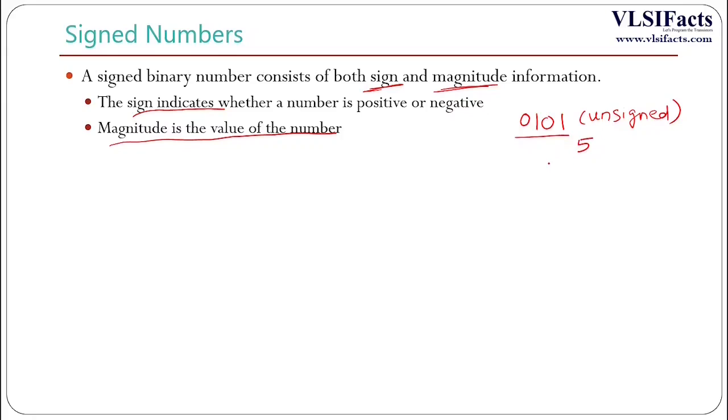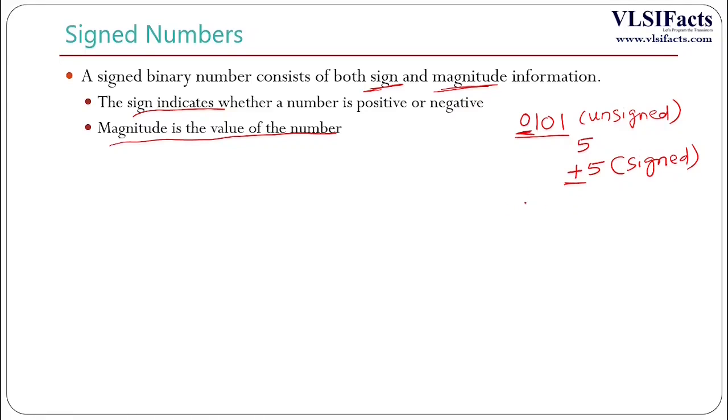But if this is a signed number, then you should write plus 5, because 0 is the sign, which is the most significant bit or the leftmost bit of the number, and since this is 0, the sign will be positive.